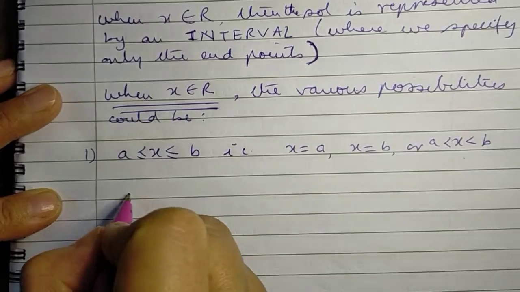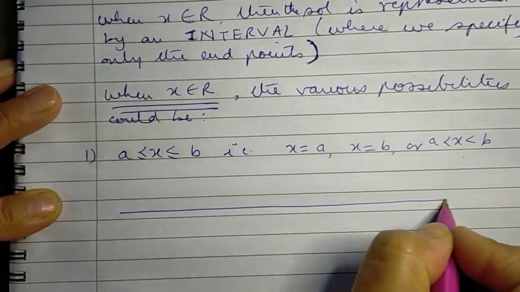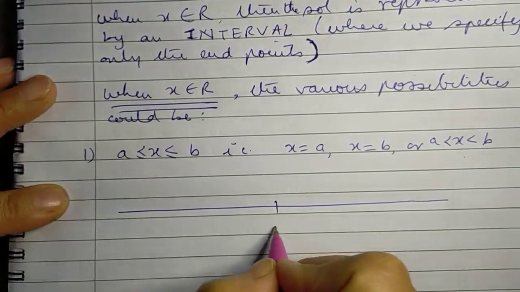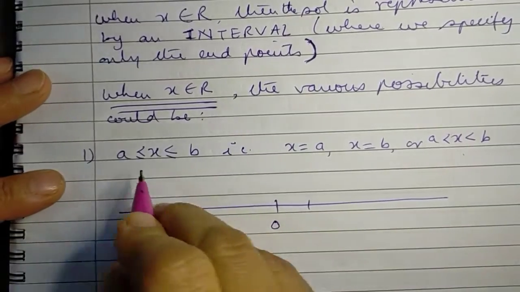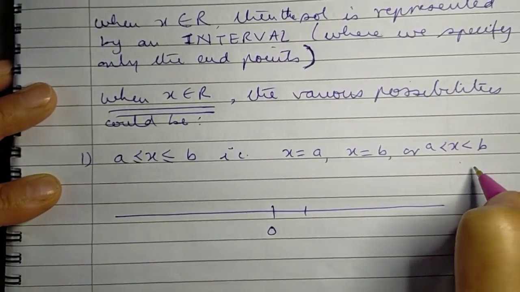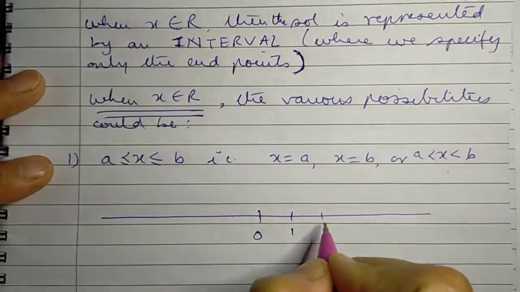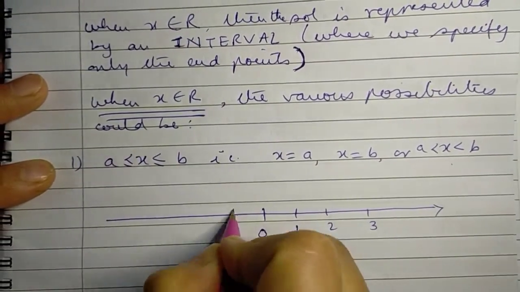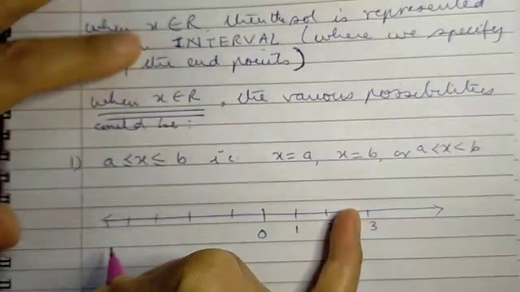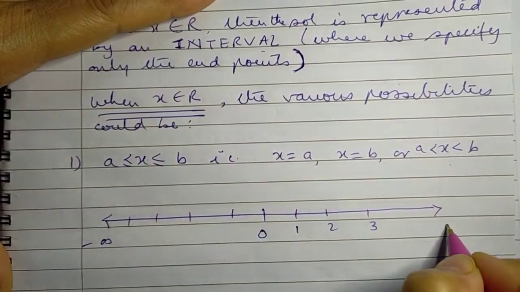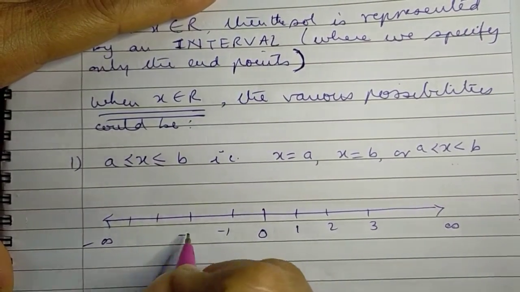And now if I see using a number line, suppose A and B could be any integers or any real values. So if I have 1, 2, 3 and so on, and here we have till minus infinity, and it goes on till infinity.